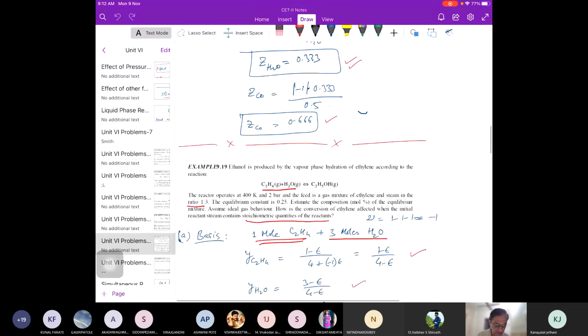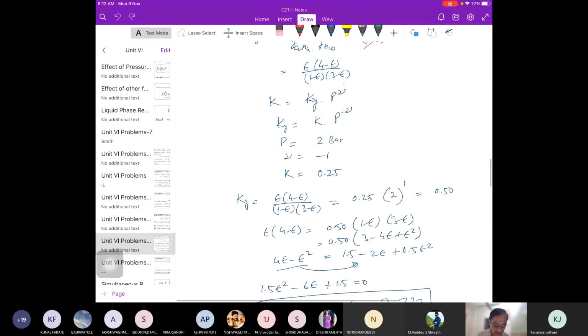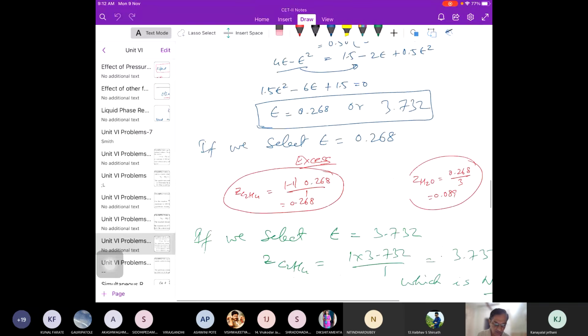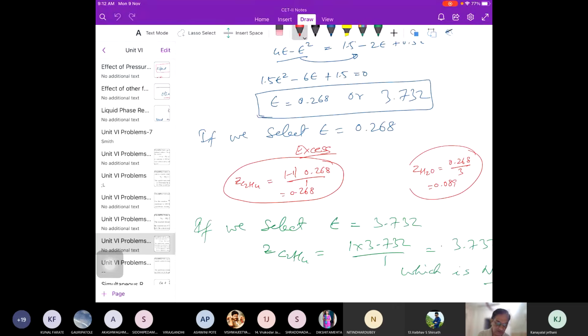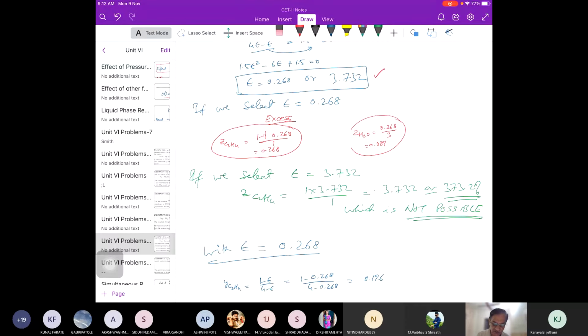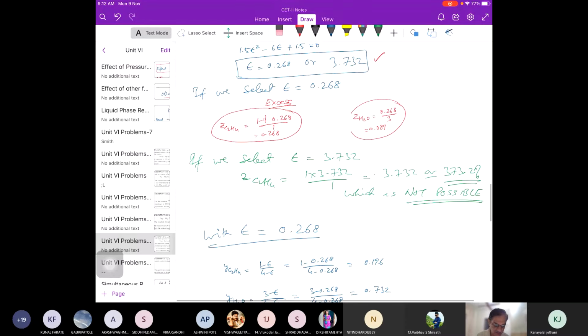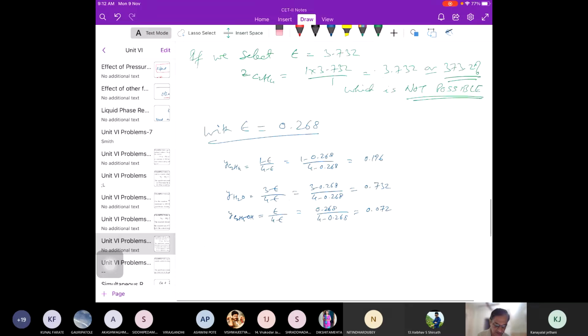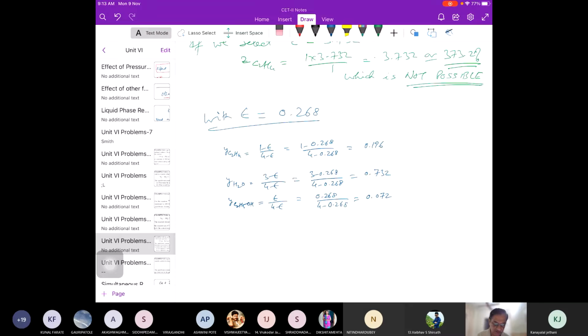Here also one value, no problem. यहाँ पर again we had two values, 0.268 and 3.7. So 0.268 select किया था. If you had selected 3.7, then conversion would have been 372%, 373%, which is not possible, right? So we selected 0.268, and y से भी आ जाएगा आपका, but वो faster है. Just looking at conversion, you can decide which value of epsilon to take.